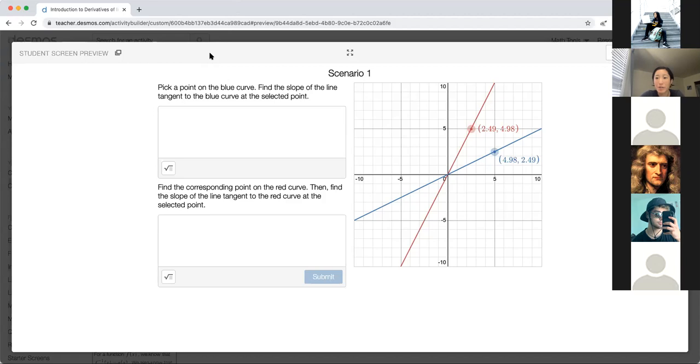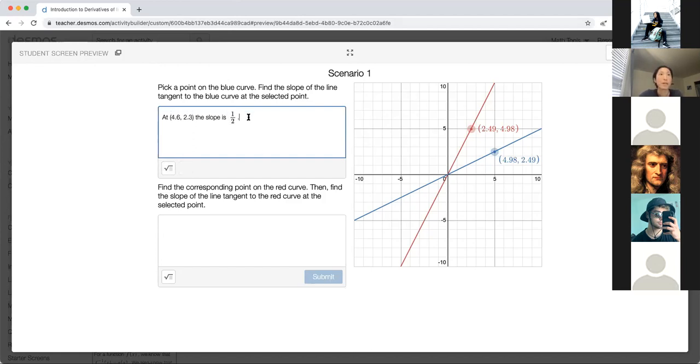Okay, we've got one value. At 4.6 comma 2.3, the slope is 1/2.